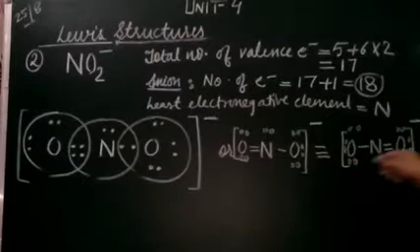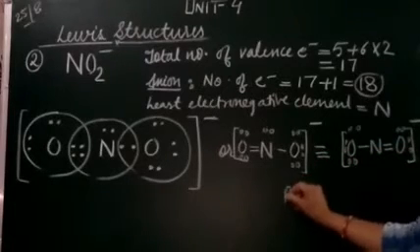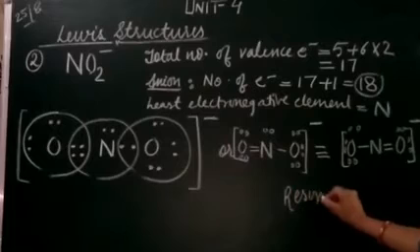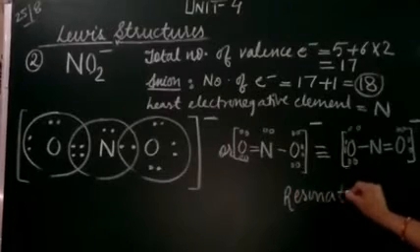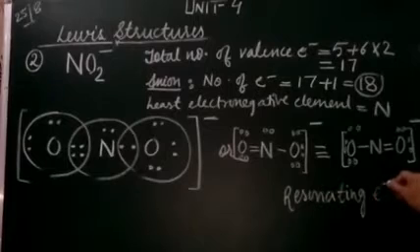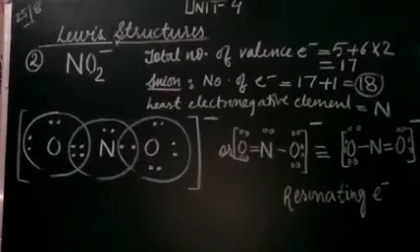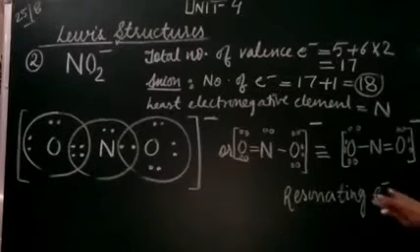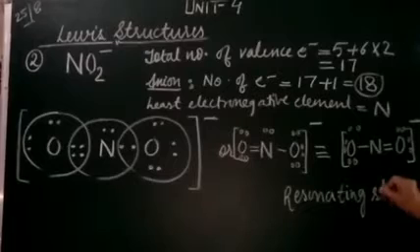Now these structures, we can draw more than one structure for a molecule just by shifting of the electrons. There will be only a difference in the arrangement of the electron pair as a lone pair or as a shared electron pair, right? Those structures are known as the resonating structures.